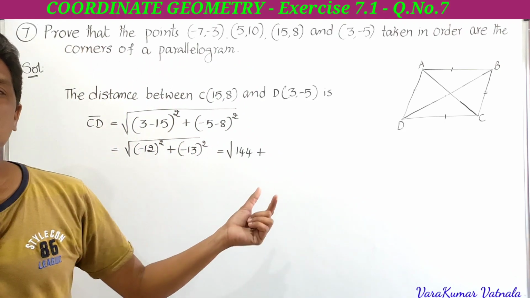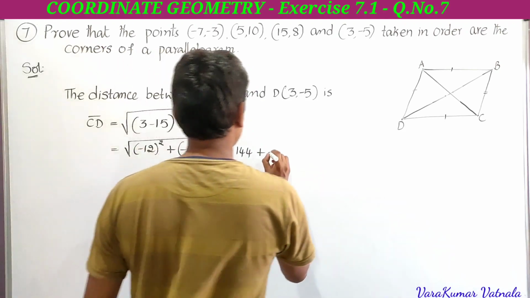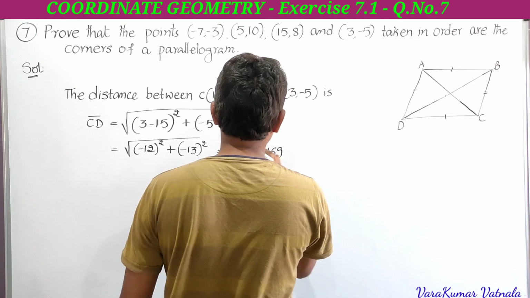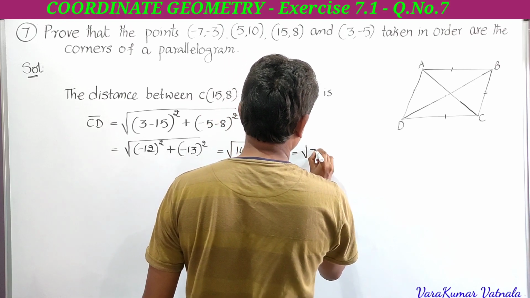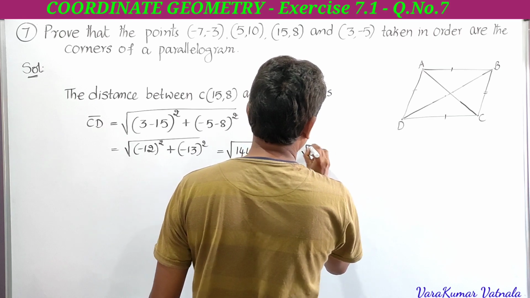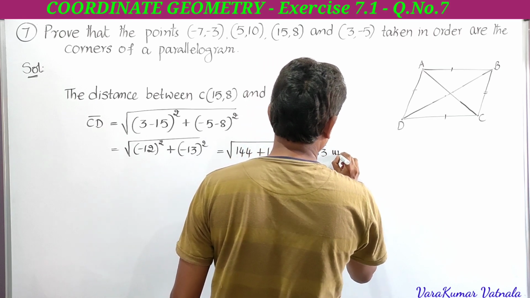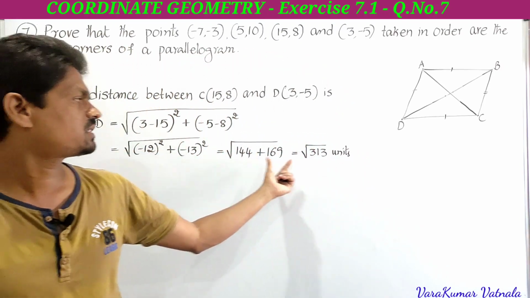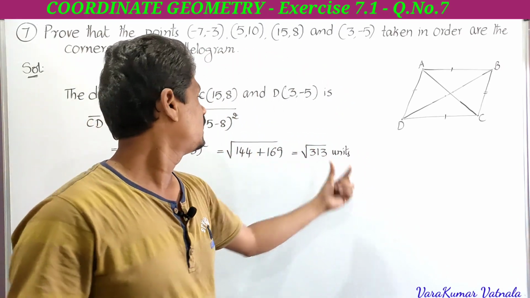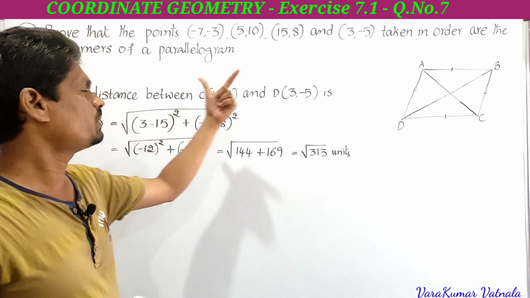Minus 13 whole square is minus 13 into minus 13, we get 169. So again we get square root of 313 units, since 144 plus 169 is 313. This is the distance between C and D.